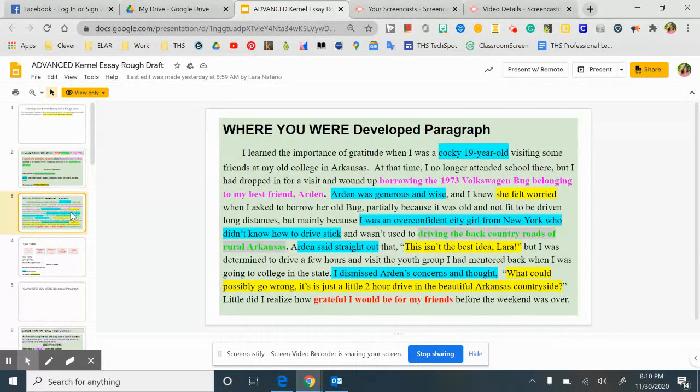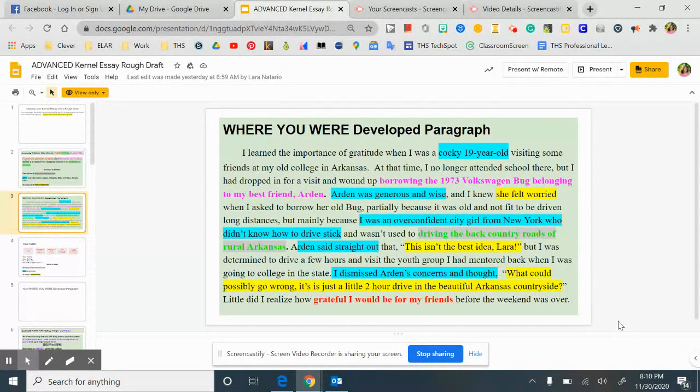sentence into a paragraph. Okay, I learned the importance of gratitude when I was a cocky 19-year-old visiting some friends at my old college in Arkansas. At that time, I no longer attended school there, but I had dropped in for a visit and wound up borrowing the 1973 Volkswagen Bug belonging to my best friend Arden.